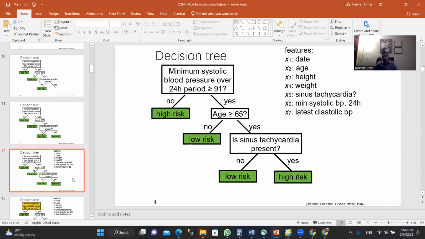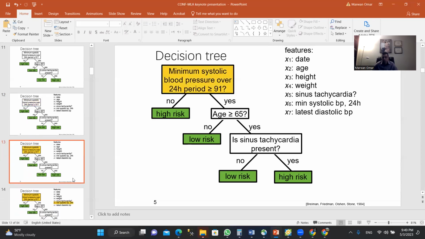This is a classification issue, and we have only two labels, either yes or no, as the final label. So we would like to know whether or not a patient would be at high risk or low risk of having a medical issue.